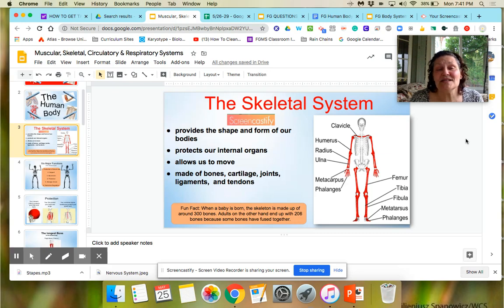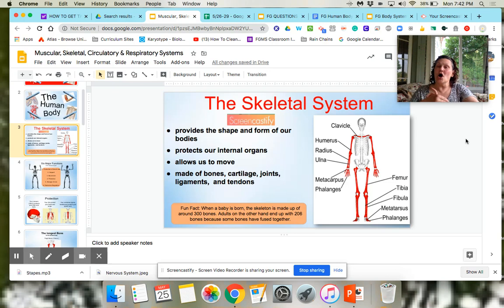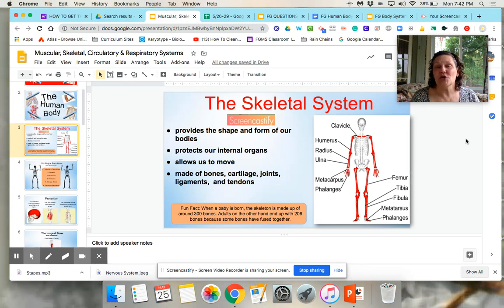One of the interesting things about the skeletal system is that as an adult, you have about 206 bones. When you're born, you have close to 300 bones, because your bones aren't fused together. They're not like one long bone. If you think about it, it makes sense. When a new baby's brought home, everybody says, "Be careful of its head."